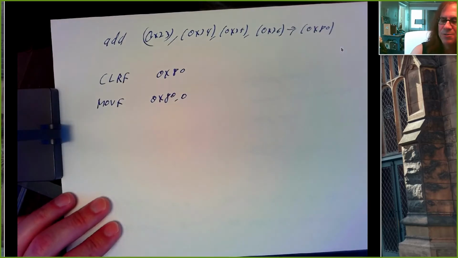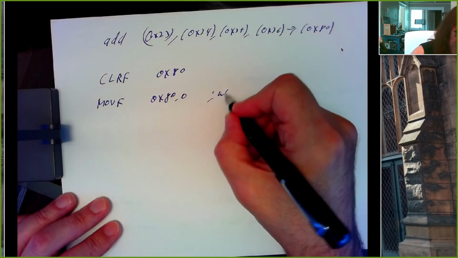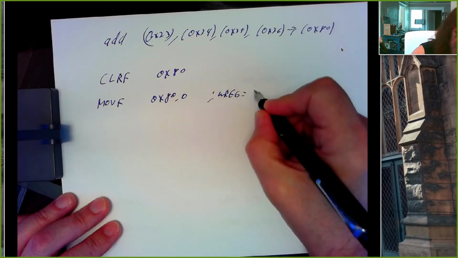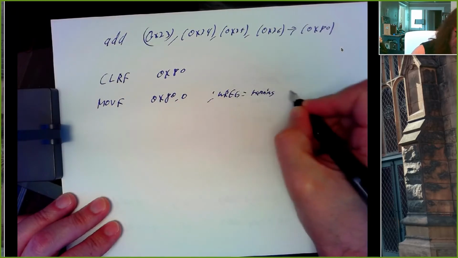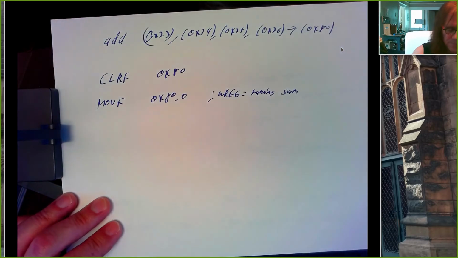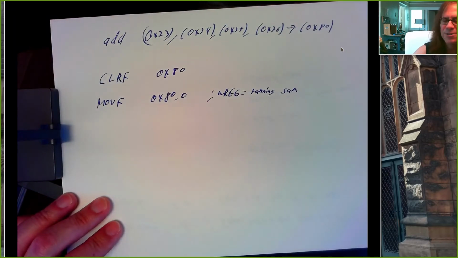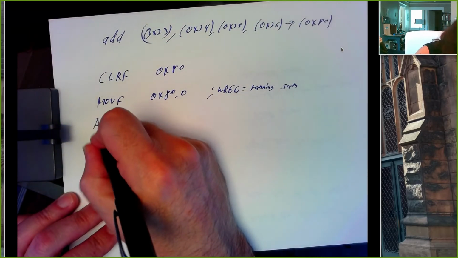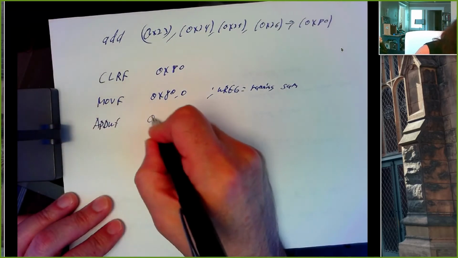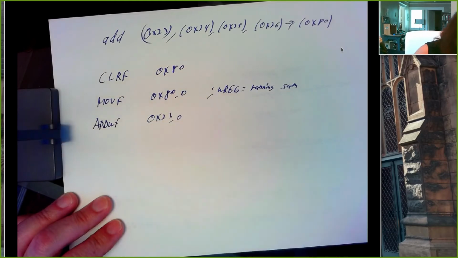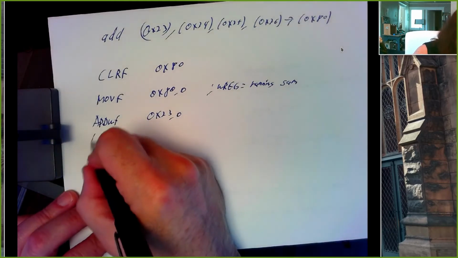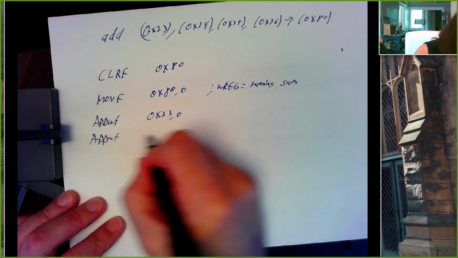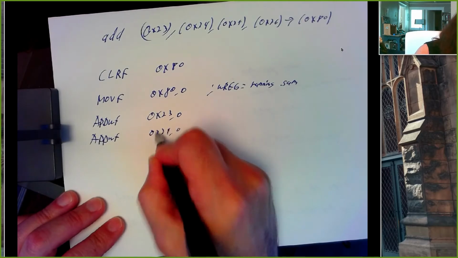Put that into the W register. So that's our running sum. And now we're just going to start writing a bunch of add instructions to add all these things to our running sum. So we can say add WF23 and put the result back into W. Add WF24.